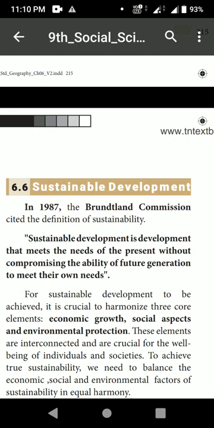Sustainable development is development that meets the needs of the present without compromising the ability of future generations to meet their own needs.